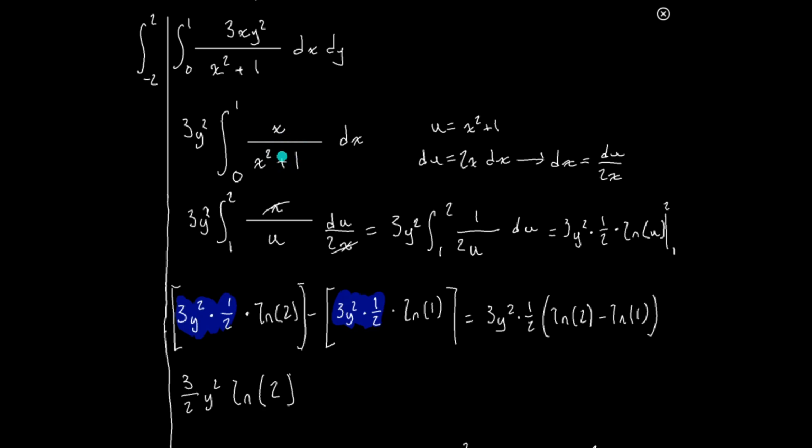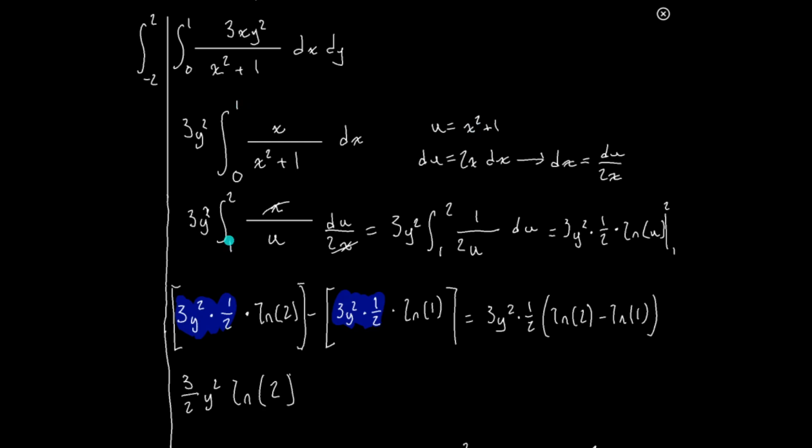And then with this, we recognized that we needed to use U substitution. We defined u, we defined du. We used our definition of du to define dx. Then we used u and dx and substituted them into the original. And we made sure that we plugged our lower and upper bounds into our equation for u. For x, we plugged 0 in for x, and we plugged 1 in for x.